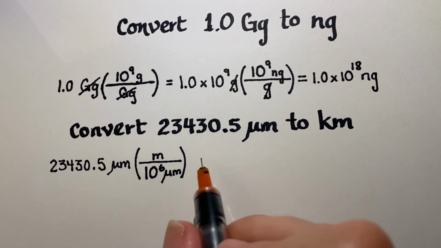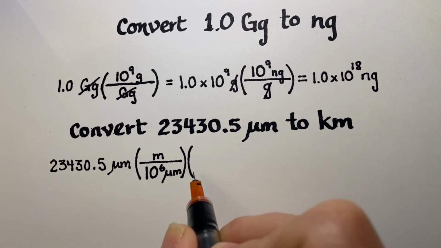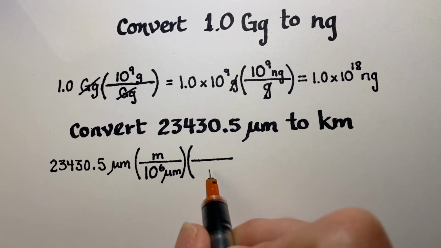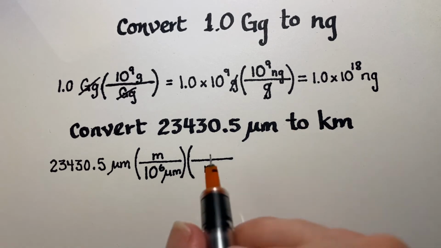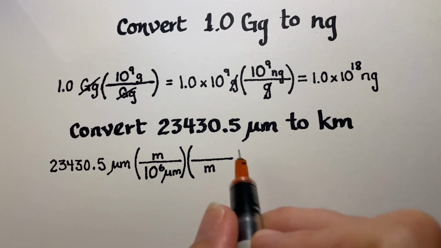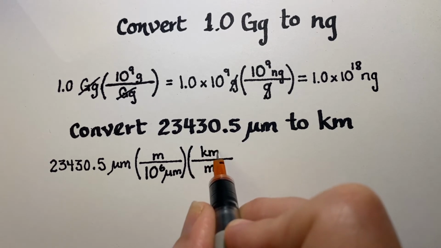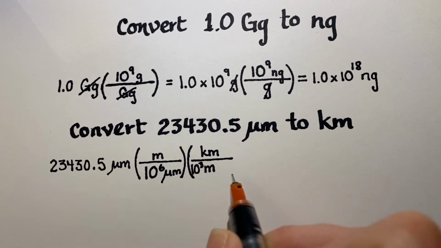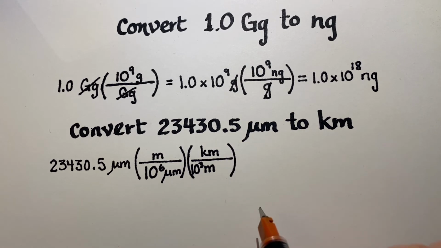And then, why don't I show you the way to just do these in a row so you can also see this as an example. We can convert from meters to kilometers. I didn't give myself a lot of room here, did I? Because I want to say that there are 10 to the 3rd meters in every kilometer.